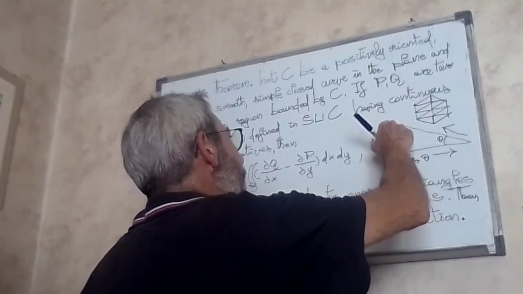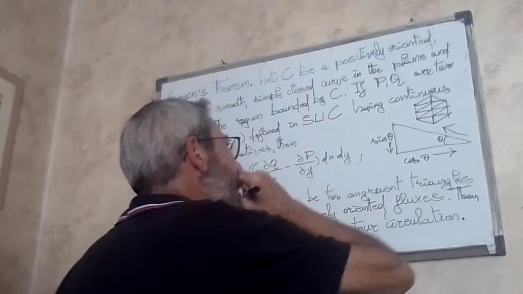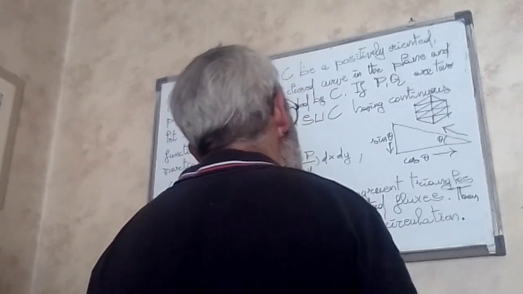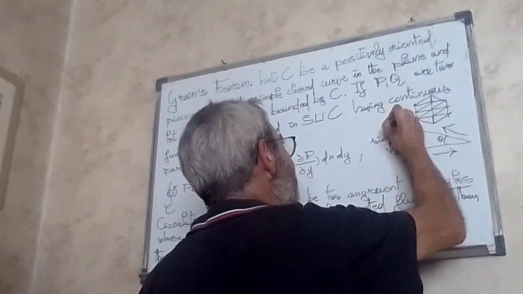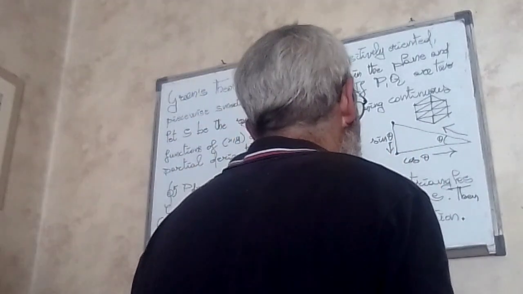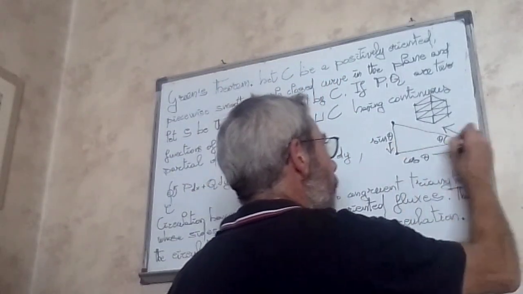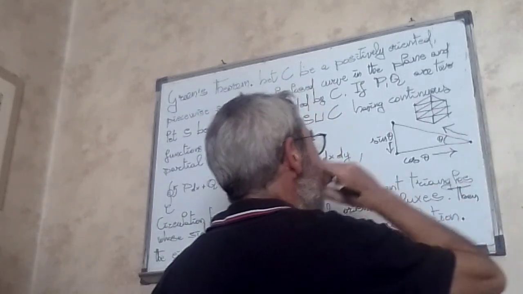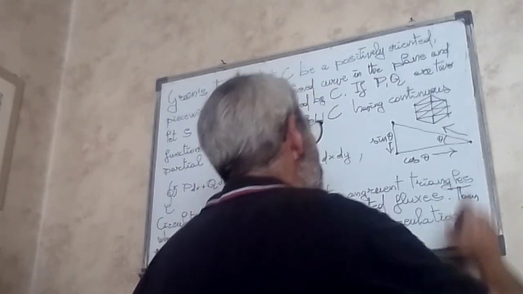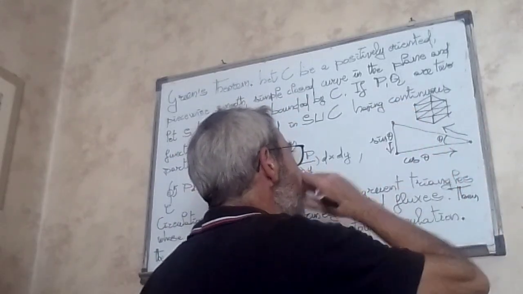We have an arrow that leads from this vertex to this vertex, an arrow that leads from this vertex to this vertex, and finally, since it is a closed figure, we have an arrow that leads from this vertex to this vertex.